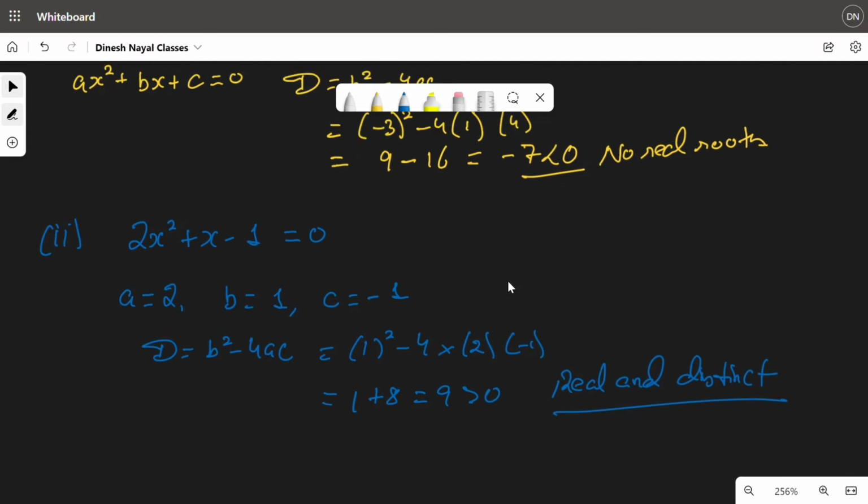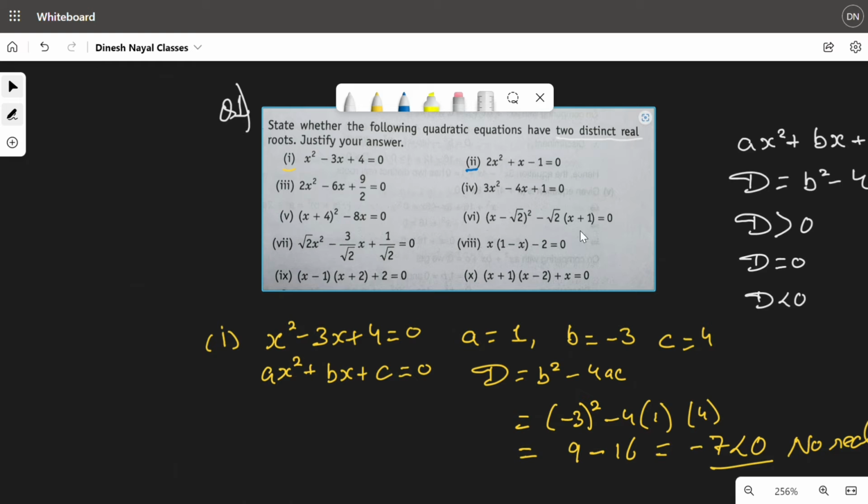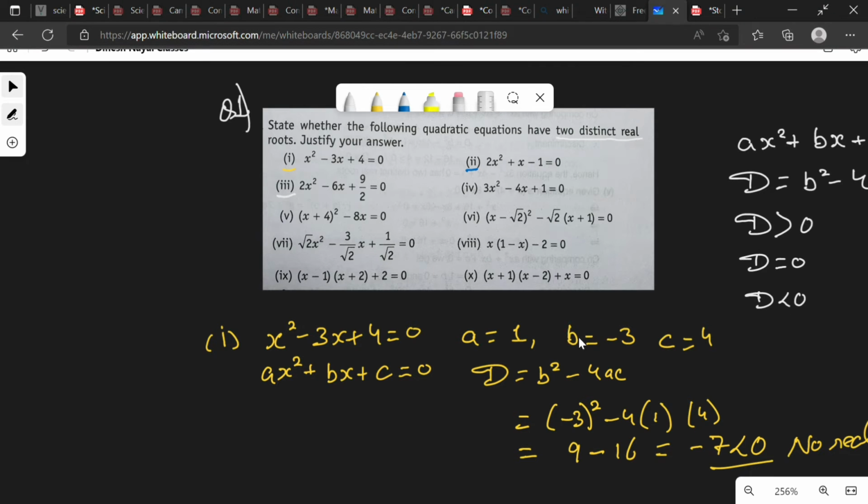Okay, now coming on to the third one. Two distinct real roots, we have to find two distinct real roots in which D is greater than 0. Now for the third one, this is 2x square minus 6x plus 9 by 2 equals 0.